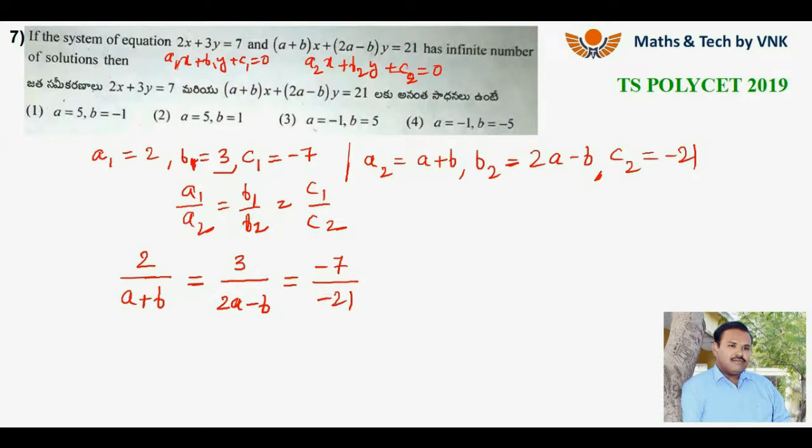So minus minus get cancelled. 7 3s are 21, so this is 1 by 3. Now we can write 2 by a plus b is equal to 1 by 3 and 3 by 2a minus b is equal to 1 by 3.